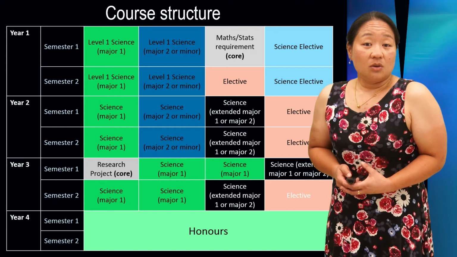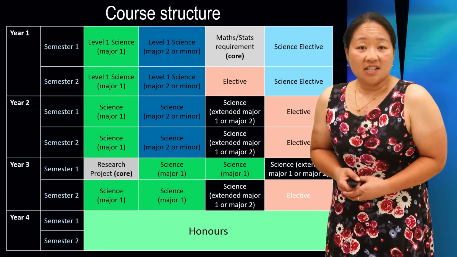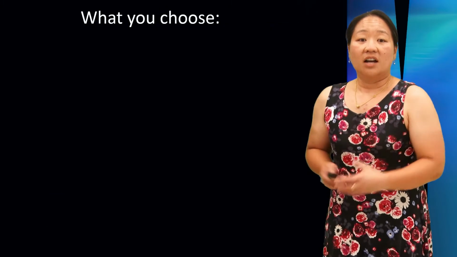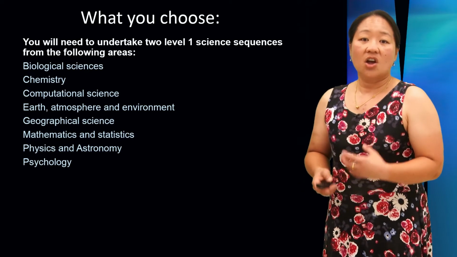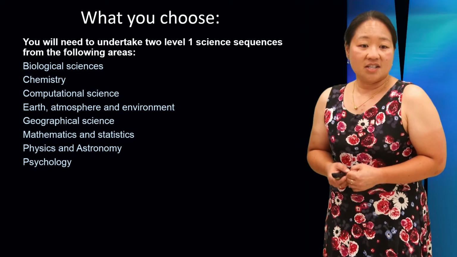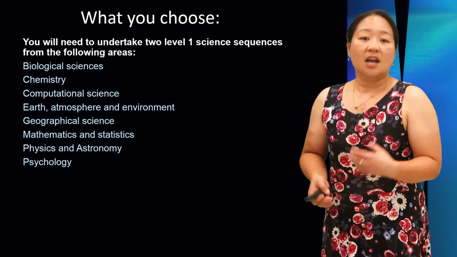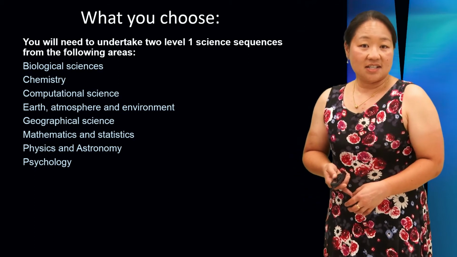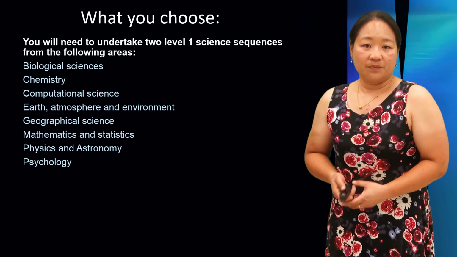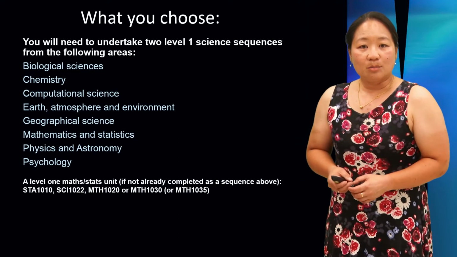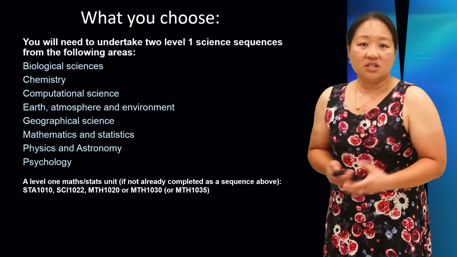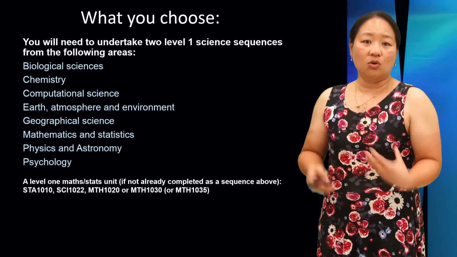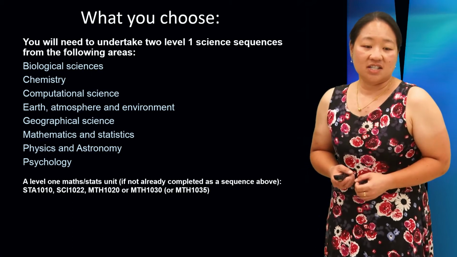As I mentioned earlier, you will need to undertake 2 Level 1 science sequences from biological sciences, chemistry, computational science, earth, atmosphere and environment, geographical science, mathematics and statistics, or psychology. You also need to complete that Level 1 maths or stats unit, and that choice of unit will actually depend on your mathematics background and your interests.